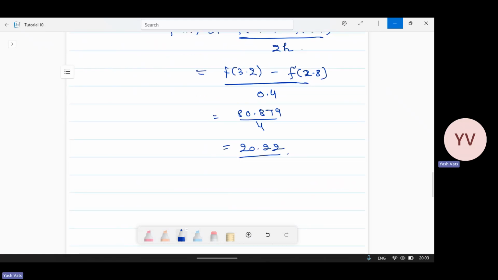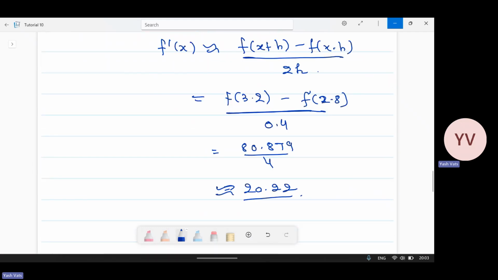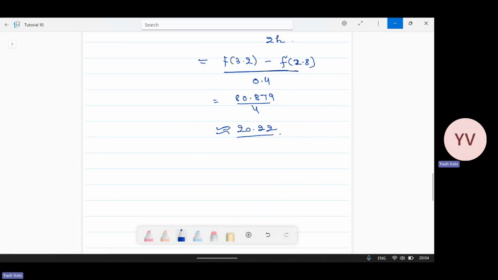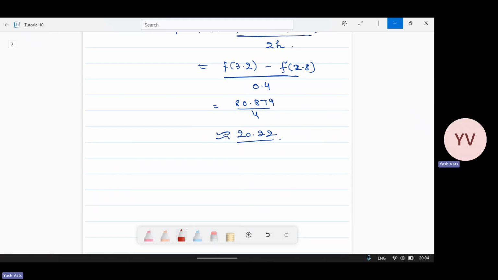So it's a better approximation and which is close to this. So I think the student got this answer from central difference approximation. So this is right. Central difference approximation is what the student used. And this is a better approximation because its order is higher.